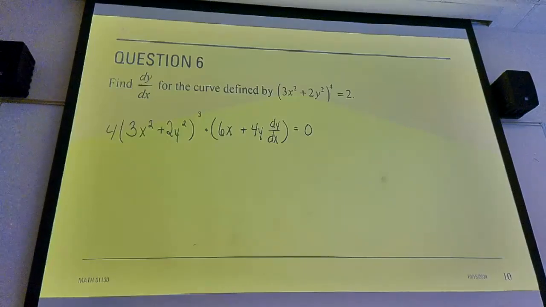I definitely agree with the dividing by 4. Why would you be able to divide by the 3x squared plus 2y squared all cubed? True, but there is a value you're not allowed to divide by. You wouldn't be allowed to divide by 0.